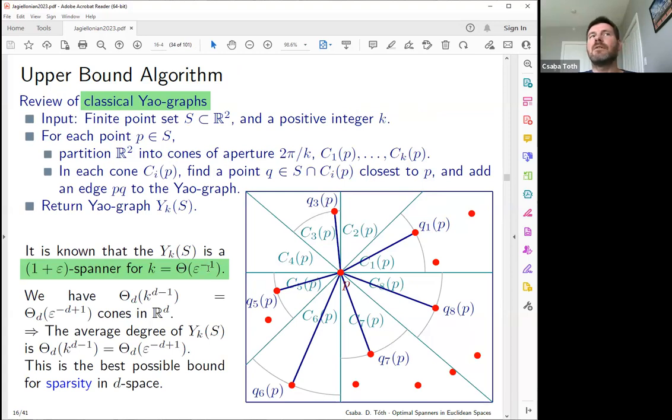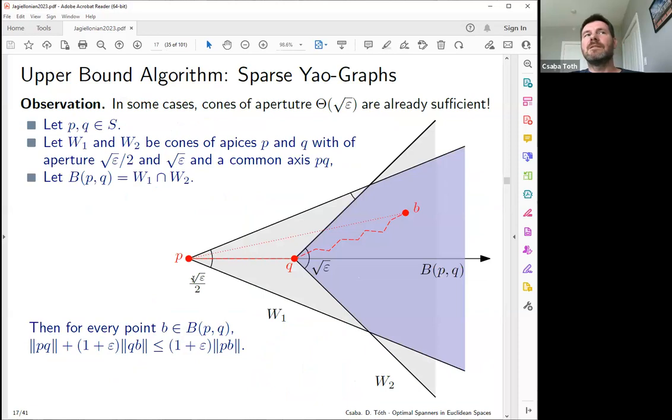So there are 1 over epsilon cones, and each one has angle roughly epsilon. Here, this square root epsilon is a cone of a lot larger angle, right? So that's one key observation, and the other is that the shape of these two cones just guarantees this geometric observation. But this is what I want to use.